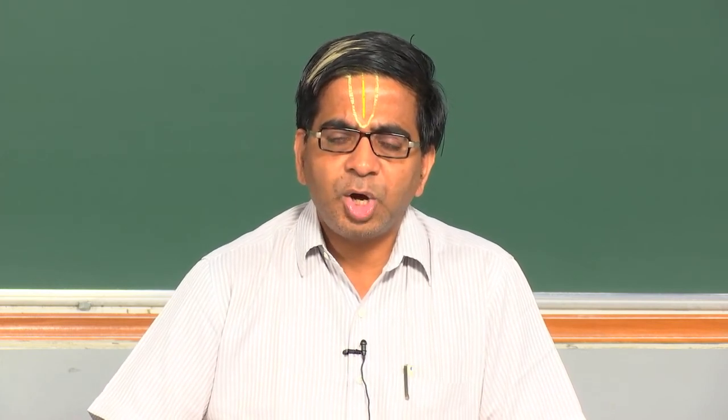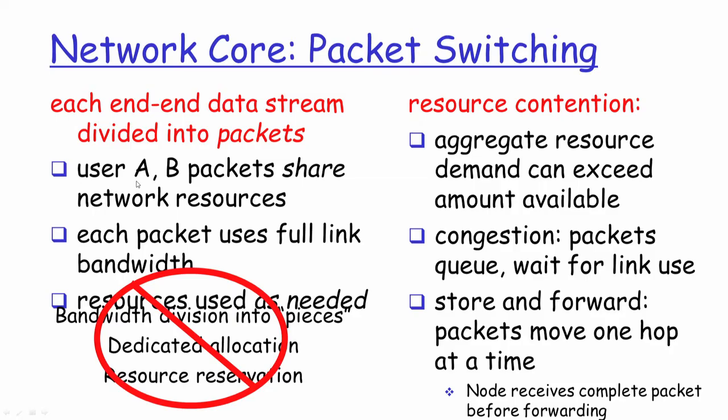So, it will try to make use of whatever resources are available on that particular network device at that point in time, and then send the packet out using the full link bandwidth, right.